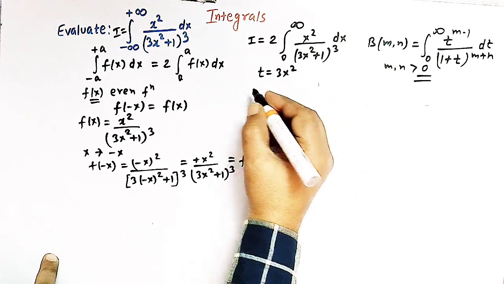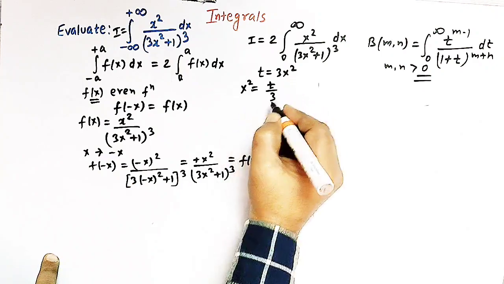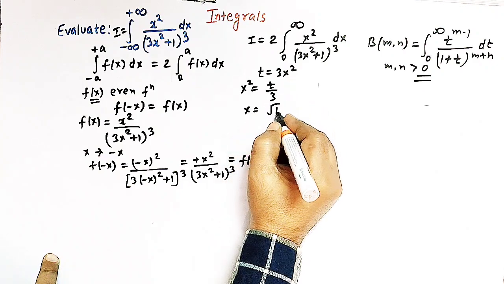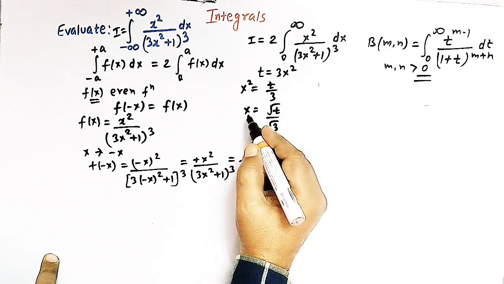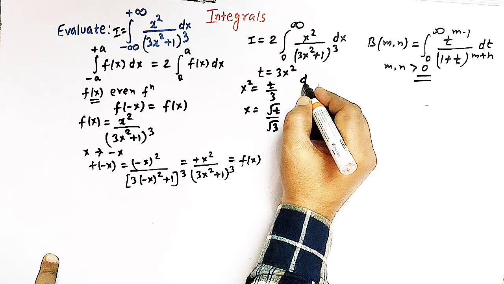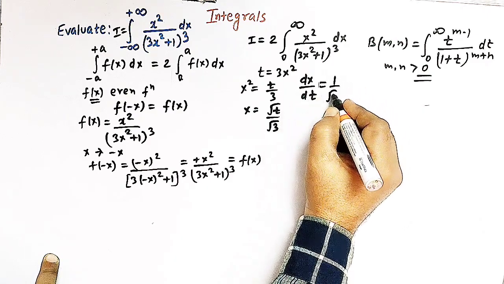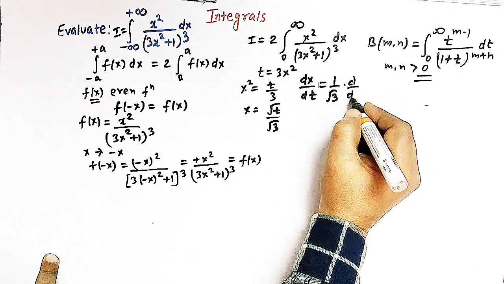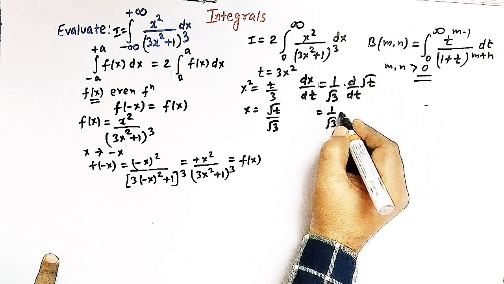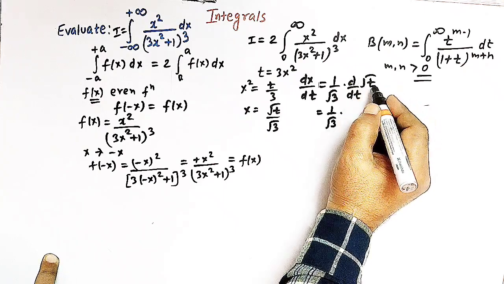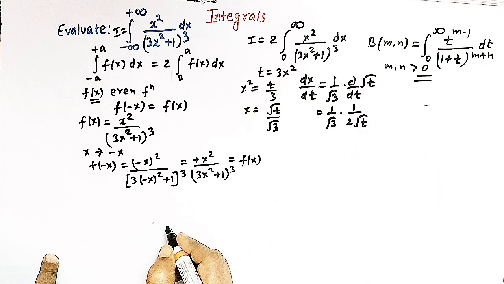Now we can write x square is equal to t over 3, so x is square root of t over square root of 3. Let us differentiate x with respect to t. dx over dt is equal to 1 over root 3 times the derivative of square root of t with respect to t, which is 1 over 2 times square root of t.